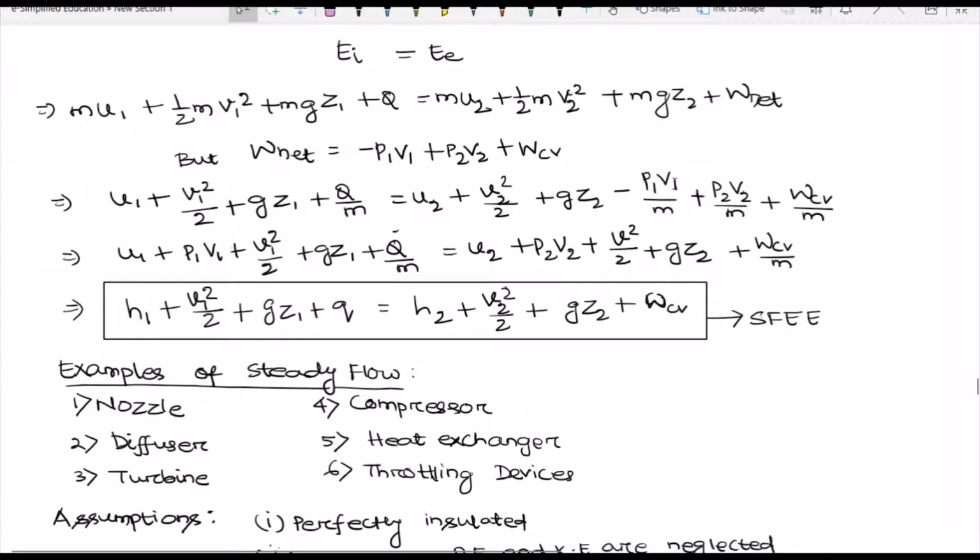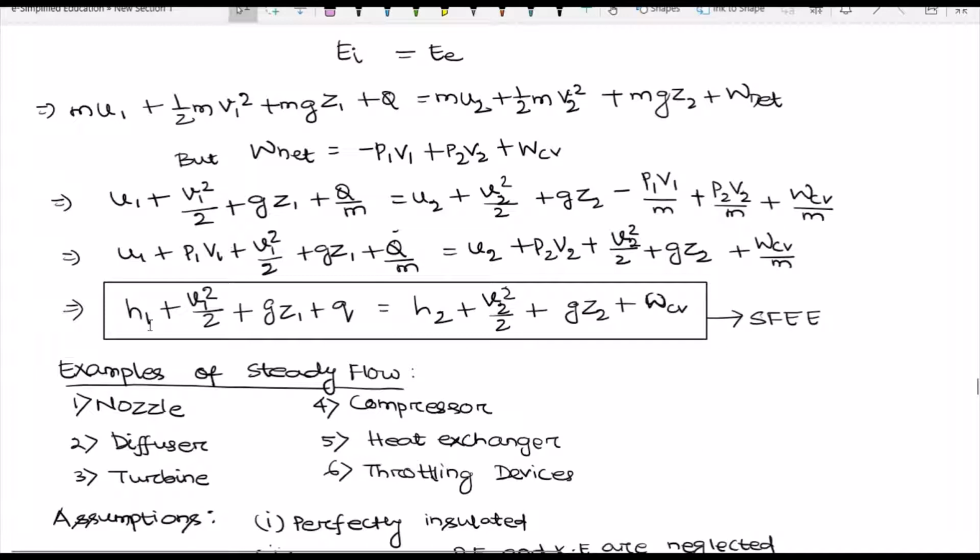Taking P1 V1 to this side, u1 plus P1 V1 makes h1, plus v1 square by 2, plus g z1, plus q dot by m representing small q, equals likewise u2 plus P2 V2 is h2, plus v2 square by 2, plus g z2, plus W cv by m.